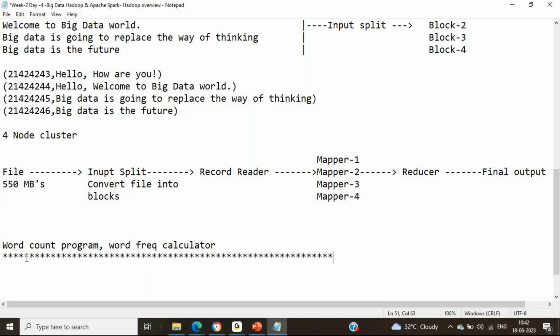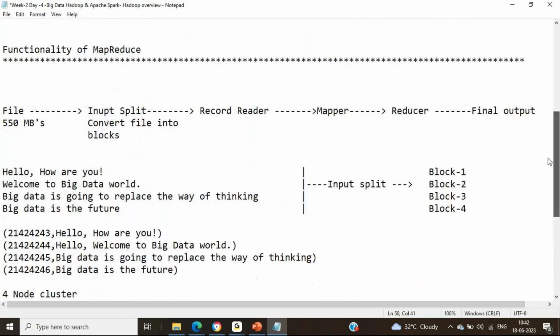What is this word frequency calculator going to perform? Say if hello is there two times, it is going to list hello comma 2. Say big is given four times, so it is going to list big 4, based upon the count that we are having. If data is there three times, then it is going to list data 3. So it is going to count the frequency of each and every word which is given in this particular file.